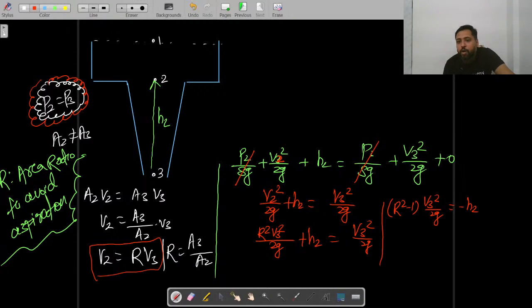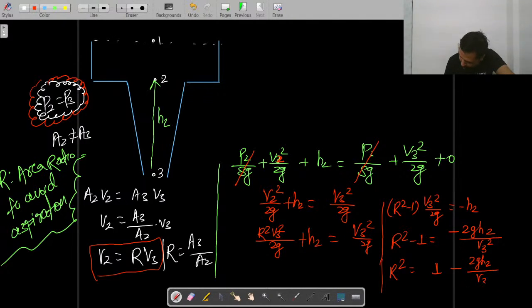Yes, or this R square minus 1 will become minus 2gH2 divided by V3 square. Yes, or R square will become 1 minus 2gH2 upon V3 square.